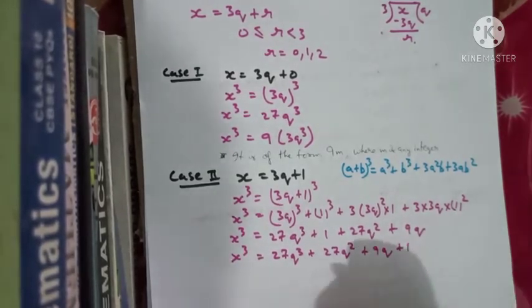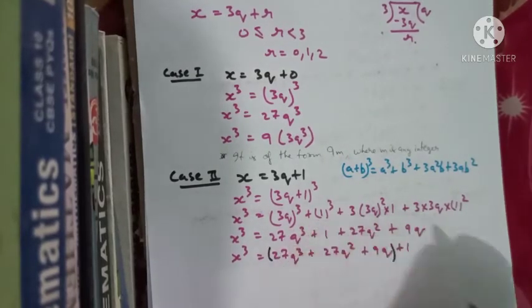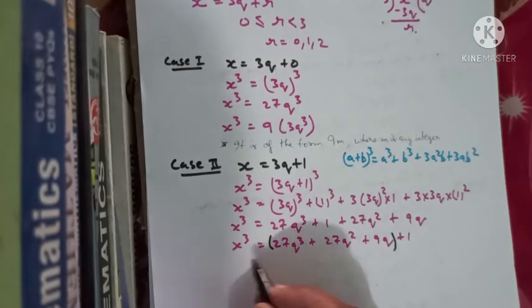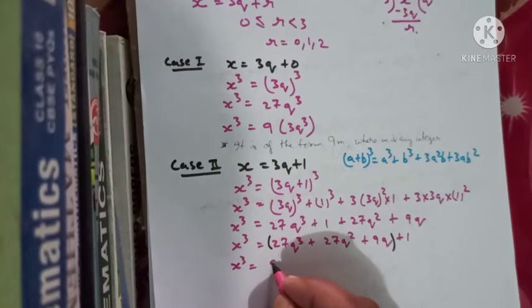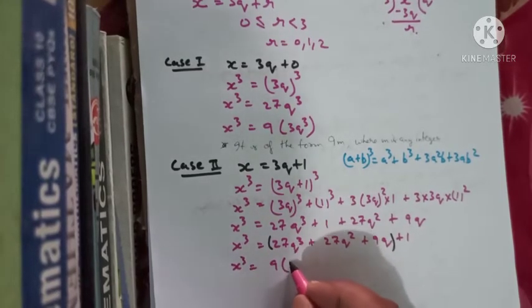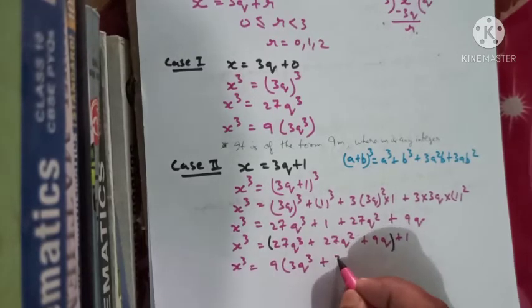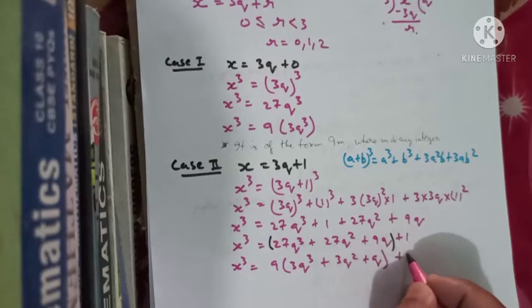Again, since we have to take 9 as common, we can take 9 common from these three terms. So x cube equals 9 within brackets 3q cube plus 3q square plus q, and plus 1.